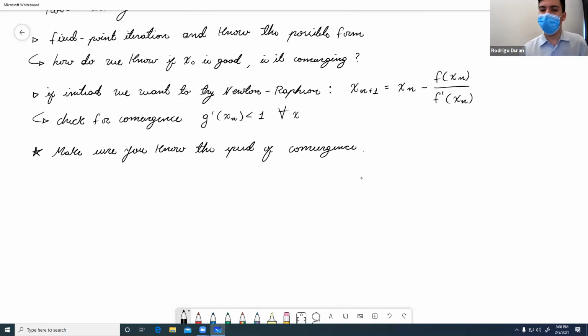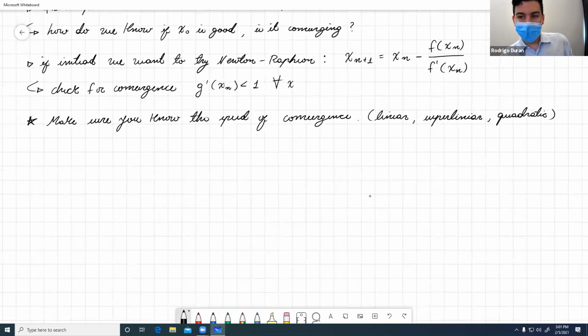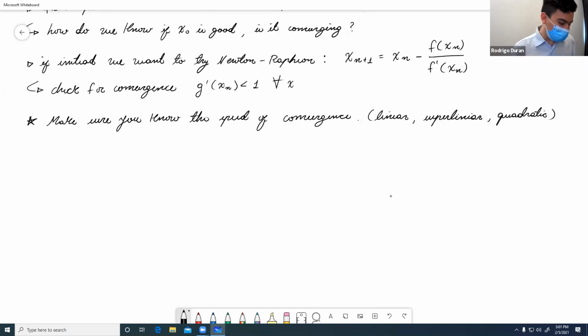So this means linear, superlinear, and quadratic. You have your linear, you have your superlinear, you have quadratic. One of them belongs to Newton-Raphson, the other one belongs to bisection, the other one to the secant method. So make sure you know all the speeds of convergence.